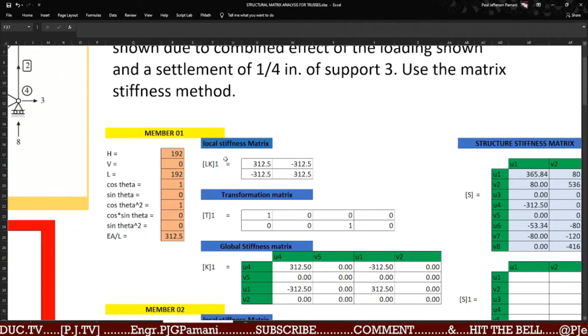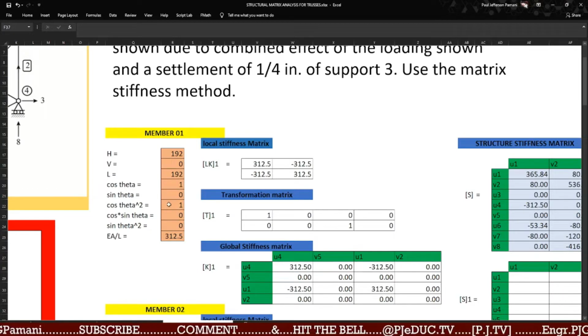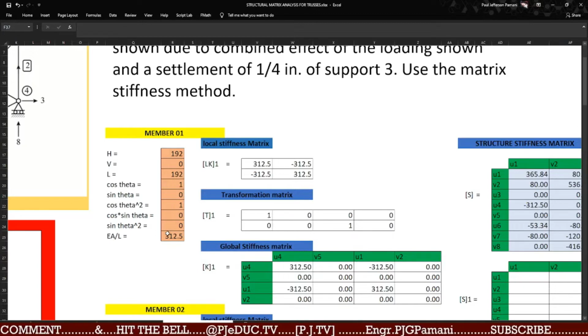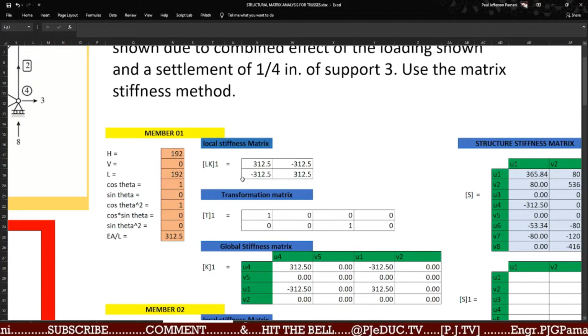Identify the horizontal, vertical, length, cosine theta, sine theta, cosine theta squared, cosine times sine theta, sine theta squared, and its stiffness of EA over L. After computing EA over L, multiply it to a matrix of 1, negative 1, negative 1, and 1, which gives us the local stiffness matrix.